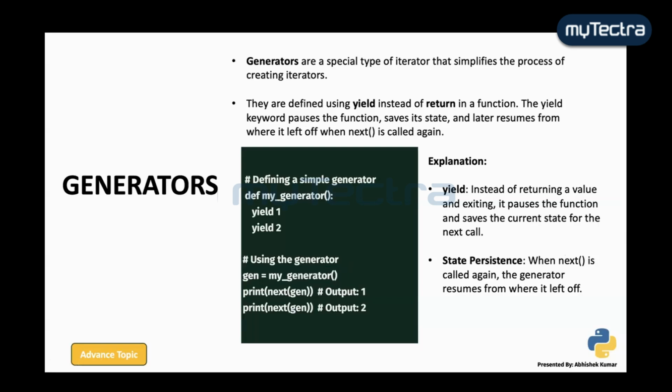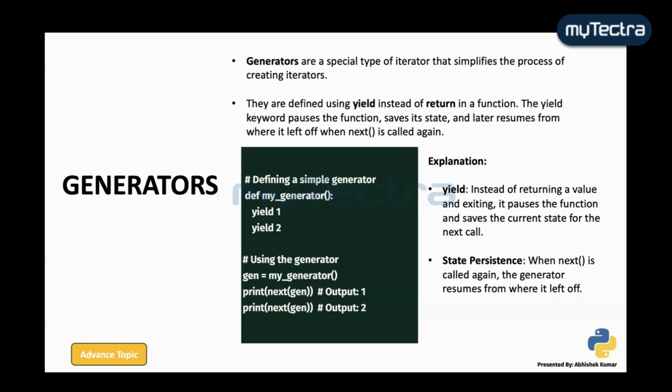Consider it like pop item, but it keeps the value intact. It will not remove anything, it just holds the memory where it left off from the last iteration. So that's how iterators and generators work.